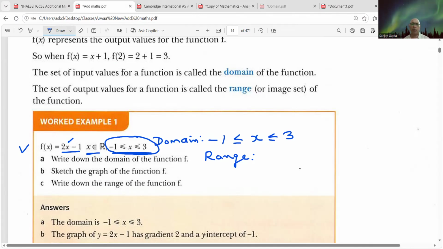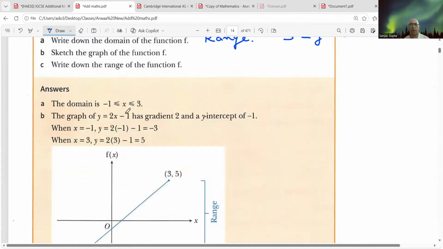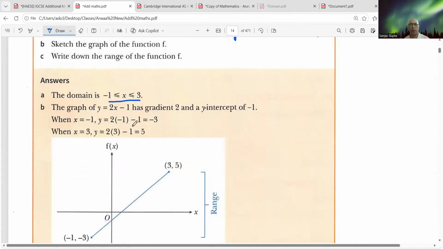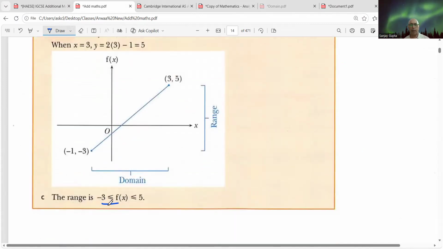So 2 times 3 is 6, minus 1 is 5. So the y values will vary from negative 3 to 5. Depending on the domain of a function, we can also find the range if the function is clearly defined. So here the domain is from minus 1 to 3 and the range is from negative 3 to 5.